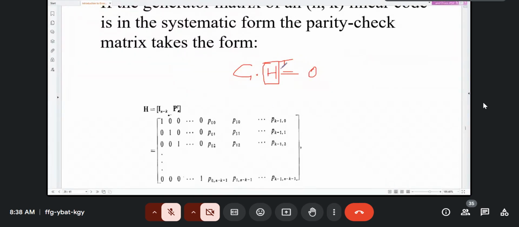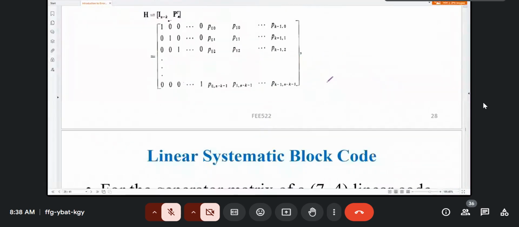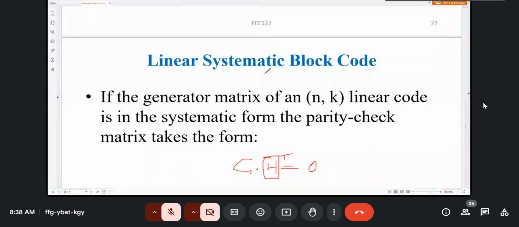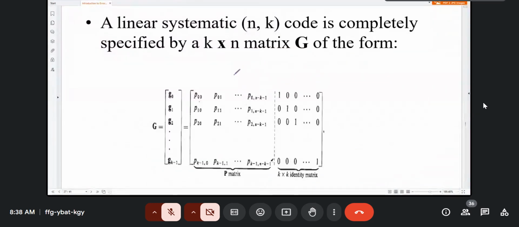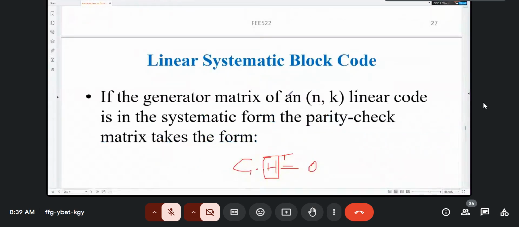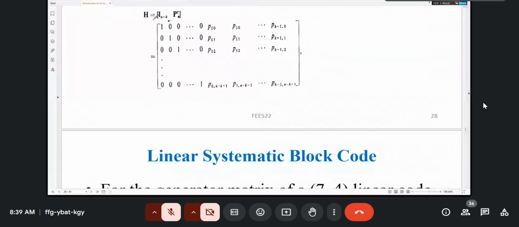So far, is there any confusion before I proceed? Because if you get confused at this stage, then you won't understand the rest. So it's good to understand where we are coming from. For a linear systematic code it is very easy because you have one part which is the identity matrix, and H is just made of the rest.